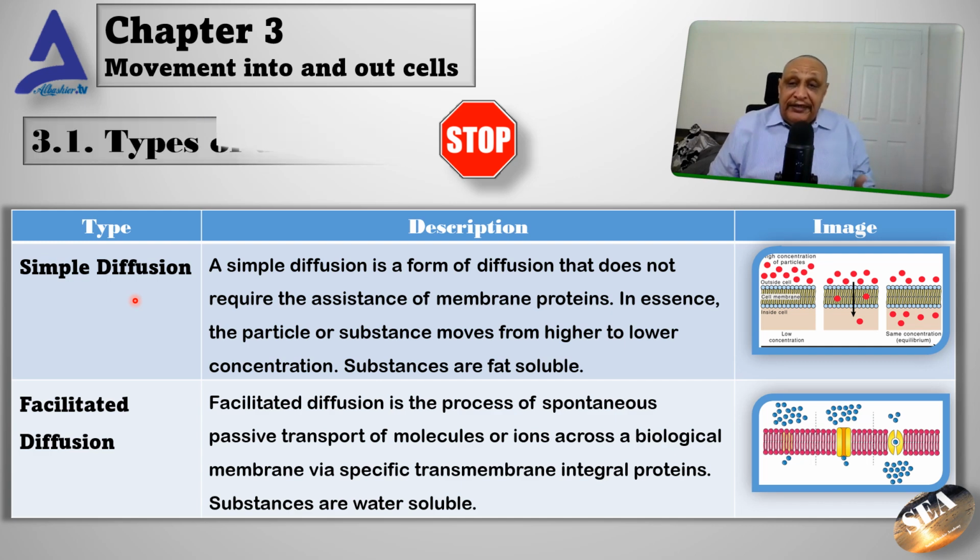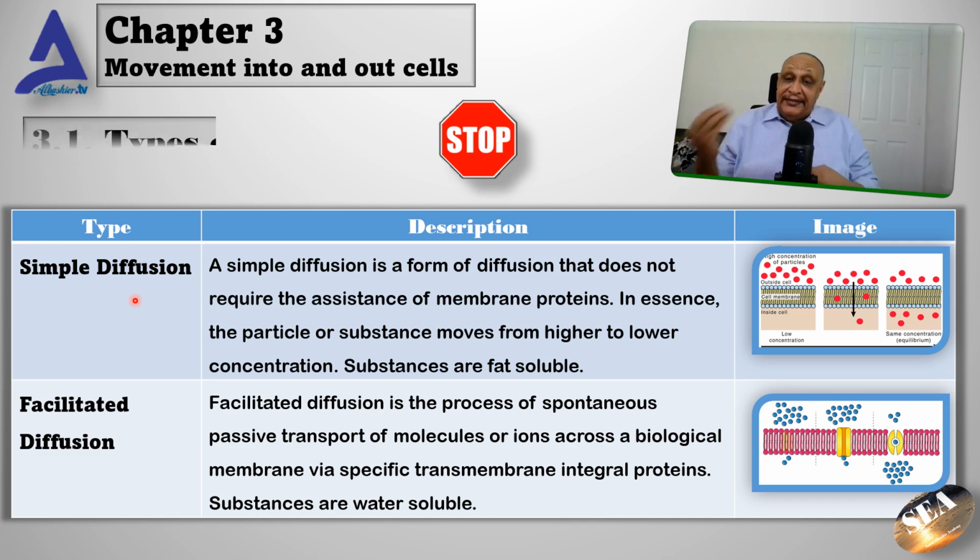Facilitated diffusion is something else. In facilitated diffusion, we are going to use the membrane protein in order for this substance to go inside the cell or to go outside of the cell, to exit the cell or to enter the cell.